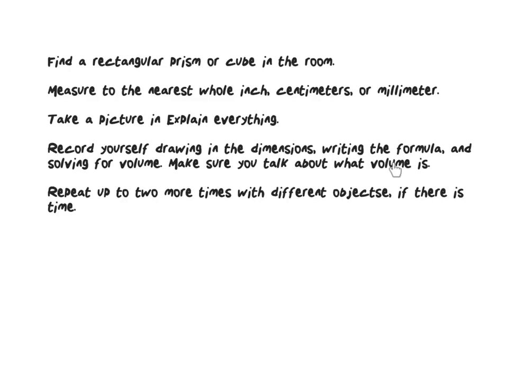Make sure you talk about what volume is. Make sure you put labels on there. You can repeat this up to two more times with different objects, if there is time. So if I say, okay, we're down to the last minute, then it's time for you to go ahead and upload or get your video ready to go. And I'll show how to do that on the next screen.